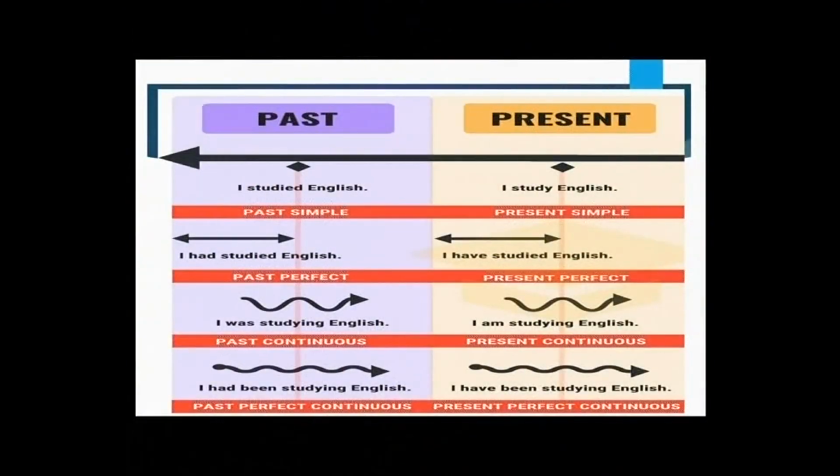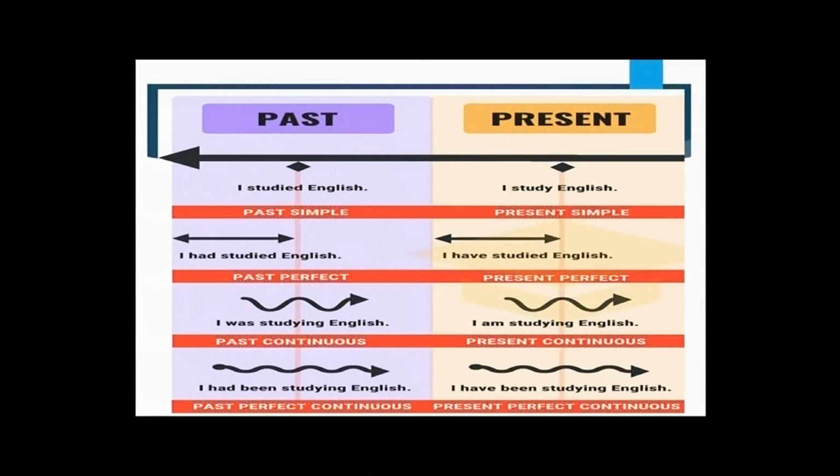But the verb is the same, the third form of the main verb, that is used in both tenses, right? So, in past perfect, had with the third form of the verb study, that is studied. In present perfect, have, because here it is I as subject, with the third form of the verb study, that is studied, right?